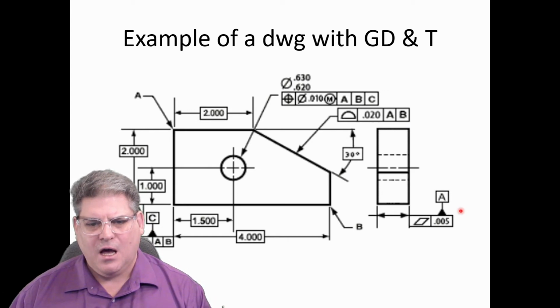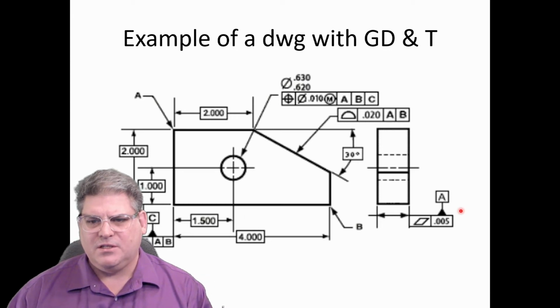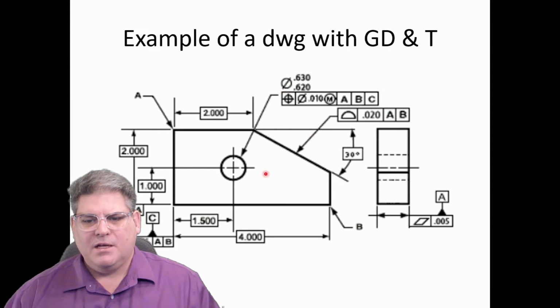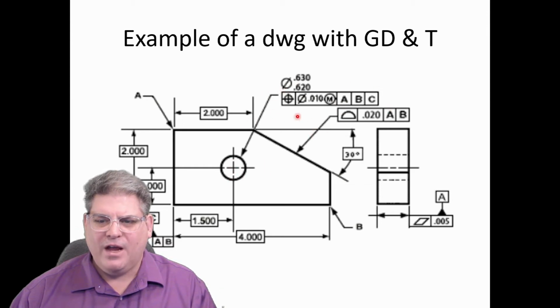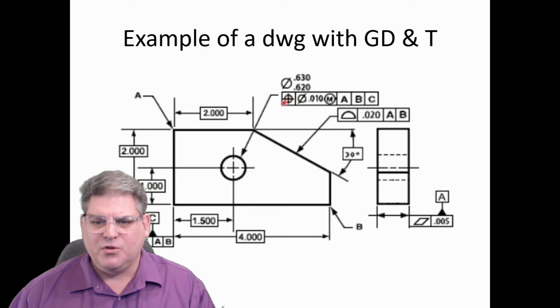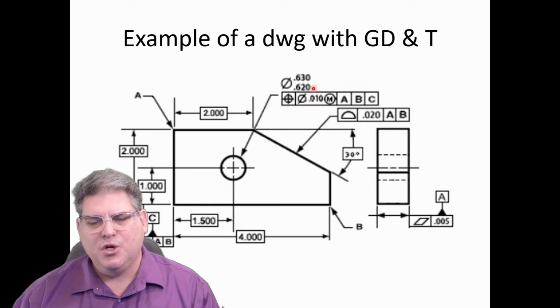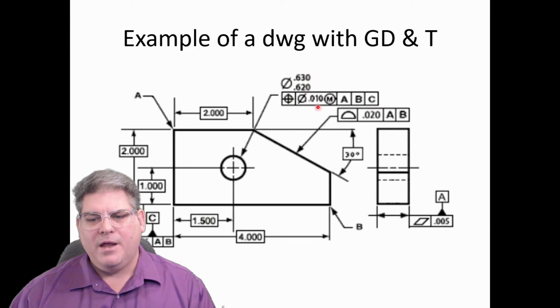In this case, I'm just looking at it here. Let's start talking about this hole here first of all. It's talking about having a positional tolerance on this hole, which can range from 0.62 to 0.63, and it must be within 0.010, and this is obviously in inches.